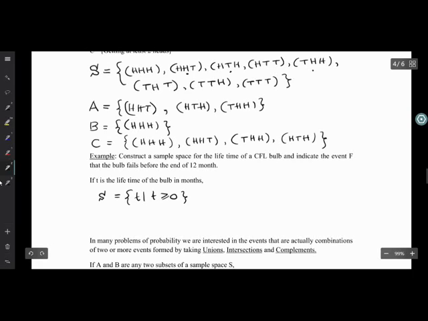T is the lifetime. Lifetime is never negative. It can be 0 or more. So this is our sample space. Then our event F, the bulb fails before the end of 12 months, will be T such that T is in between 0 and 12, with T measured in months.